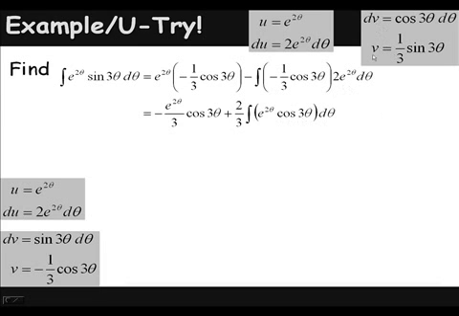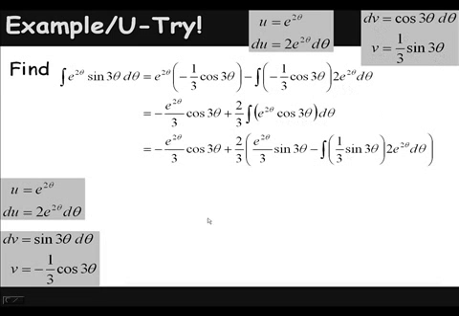And the antiderivative is v equals 1/3 sine 3 theta. So we go ahead and replace again. Here, the 2/3 is the same, and then we open up a bracket and do uv minus the integral of v du. And that's all just plugged in.